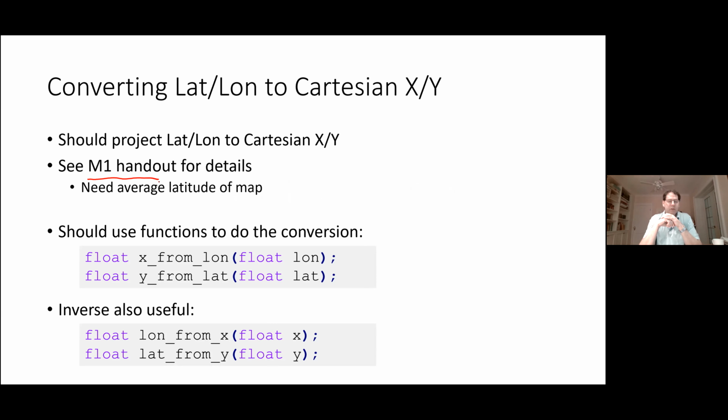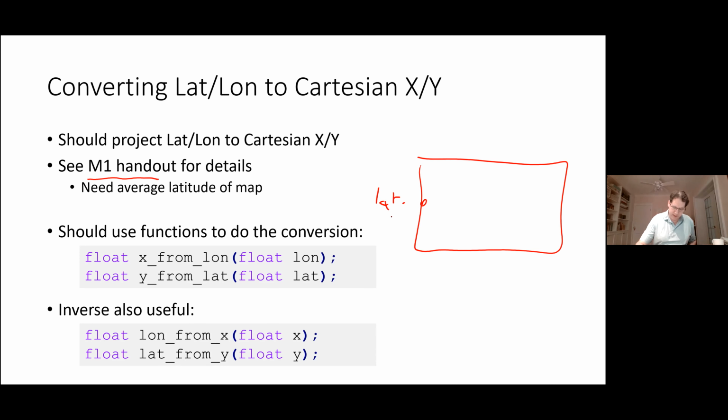In order to do this, we need the average latitude of the map. I'll show you the functions that we use to convert this in a minute. But basically, the coordinate transform we're going to do is we're going to get the average latitude of the map.